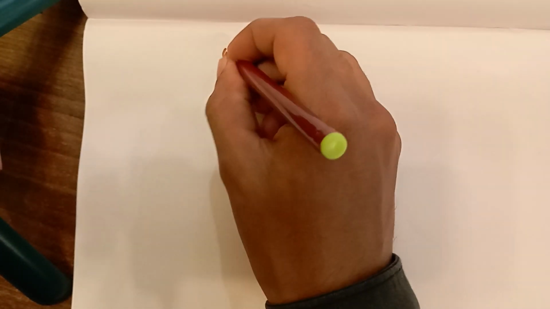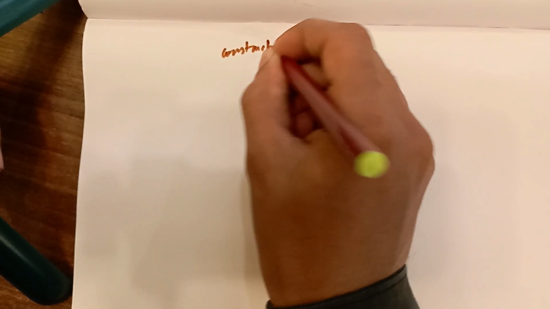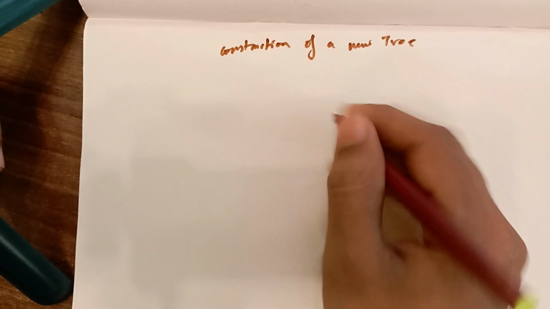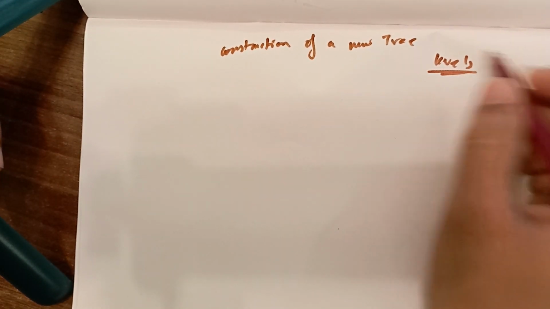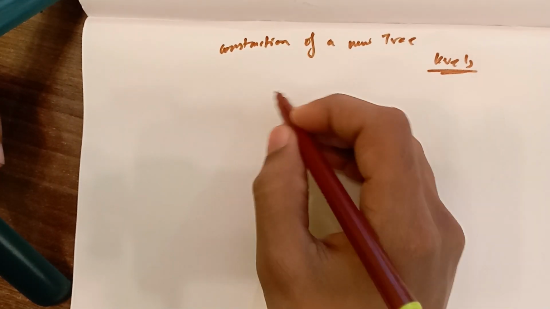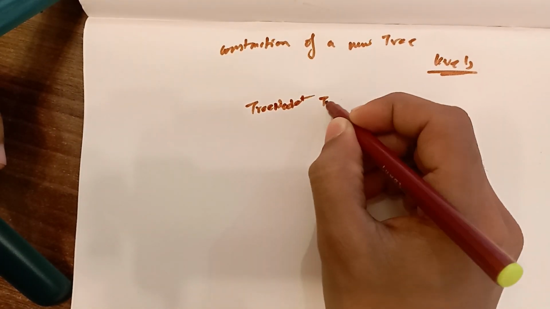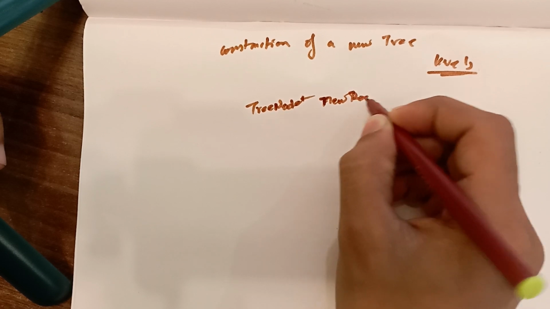After this, we go through the construction of a new tree. We have a levels vector of vectors. The first node will be the new root.